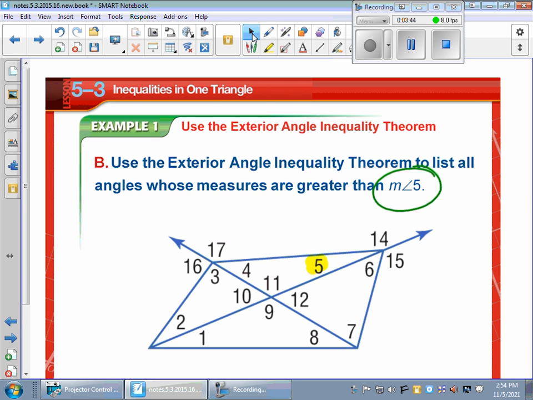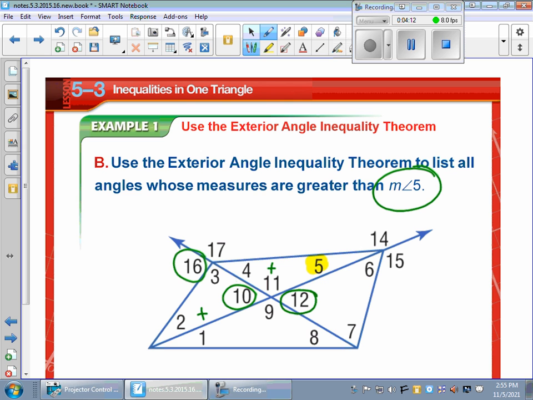So if I look at this, here's angle 10. Angle 10 equals angle 4 plus angle 5. So that means angle 10 has to be bigger. If 10 is bigger, 12 is bigger because those are vertical. And 16 equals angle 2 plus angle 10, so 16 is bigger.